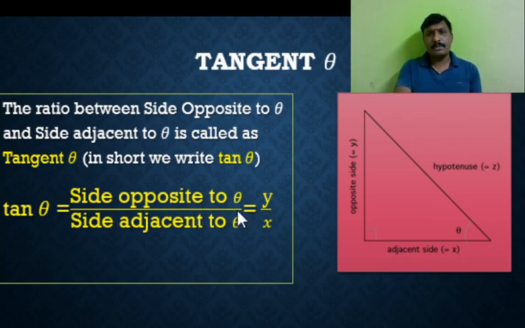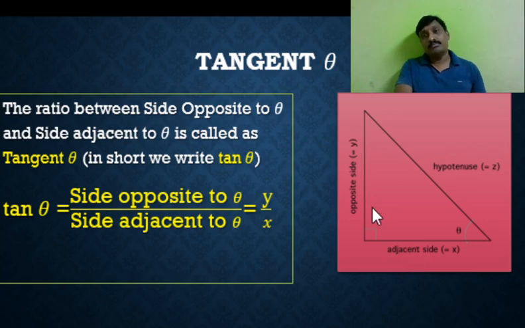Now I hope the combinations of three relations, all the possibilities, have finished. You can see opposite by hypotenuse is sine, adjacent by hypotenuse is cos, opposite by adjacent is tan theta.